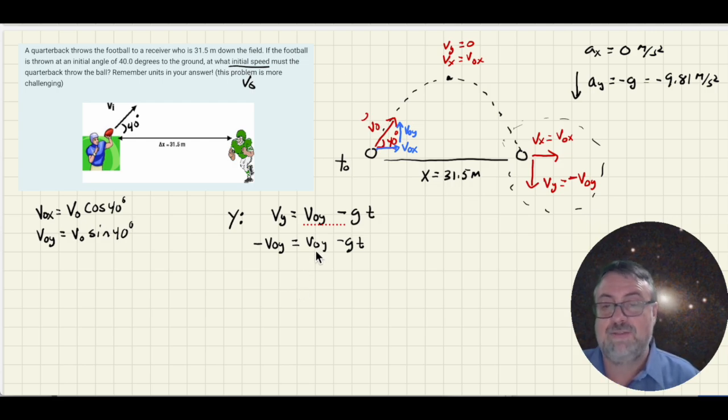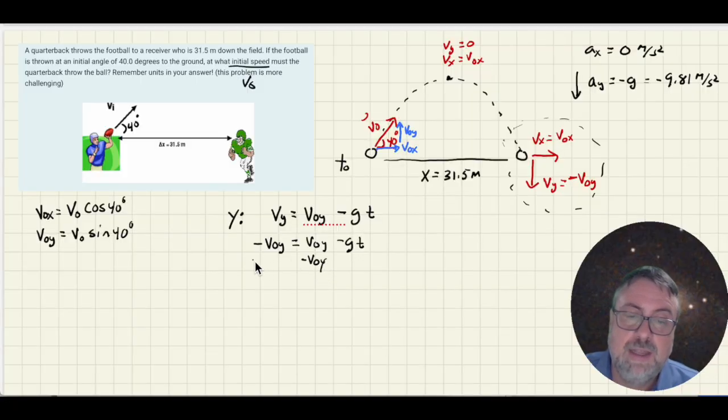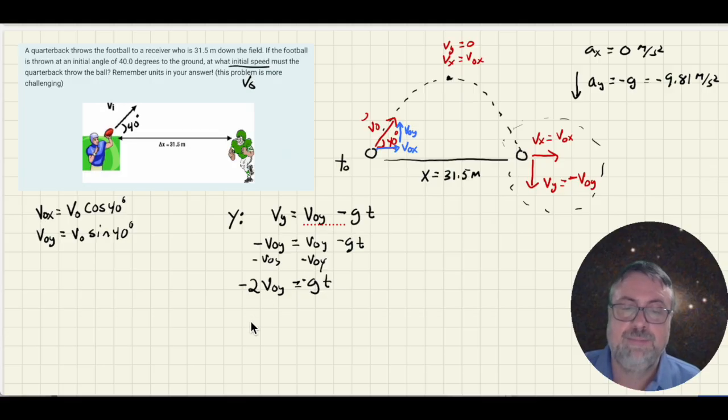Now, you might think that V naught y and the minus V naught y will combine to 0, but it won't, and this is the first reason why we have to be careful with our algebra here. If I add minus V naught y to both sides, I will get minus 2 V naught y is equal to minus g times t.